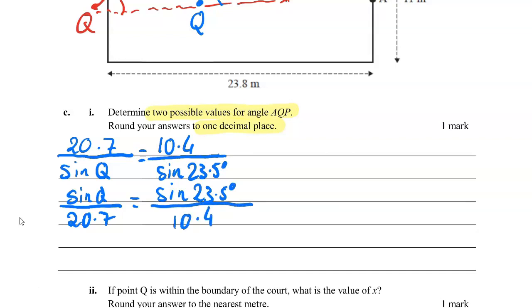Okay. So putting that into our calculator, sine Q equals 20.7 times by sine 23.5 degrees over 10.4.